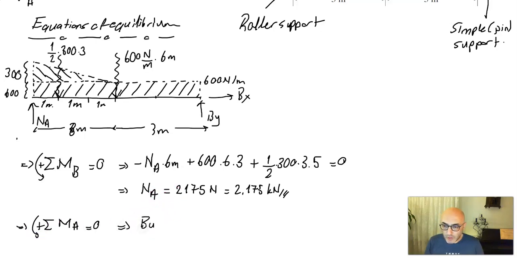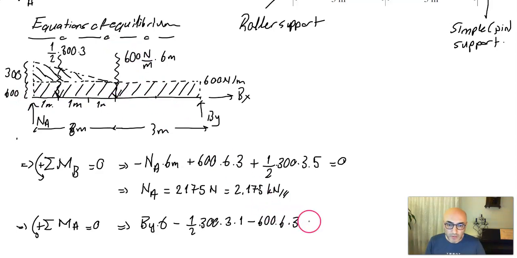So BY times 6, anti-clockwise positive, minus 1/2 times 300 times 3 times 1 meter, that's the moment arm, and minus 600 times 6, and the moment arm for this is 3 meters.